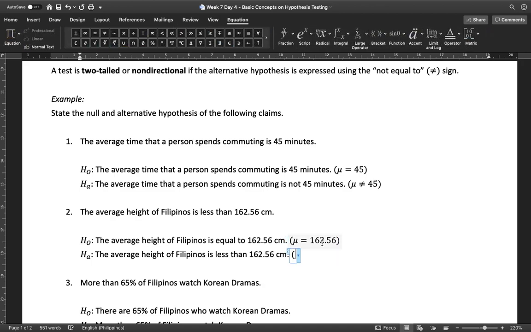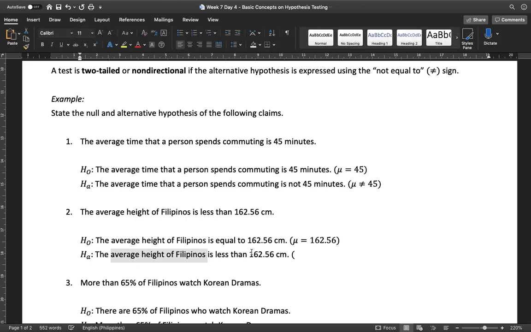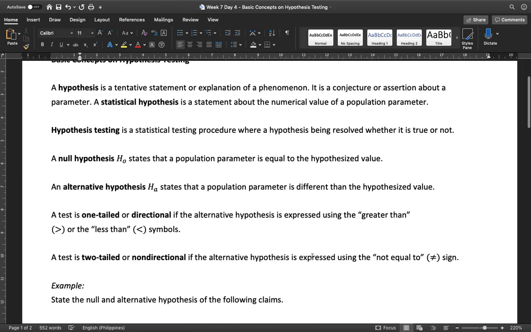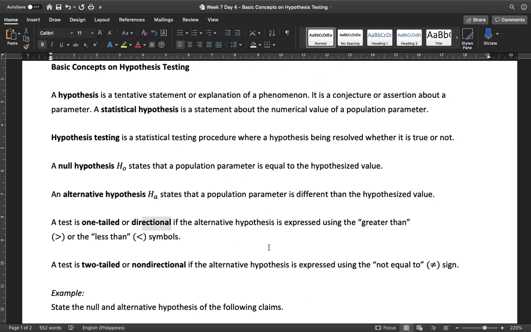And yung alternative hypothesis natin, yung parameter natin, hindi siya equal kay 162.56 but rather it is less than. Naging mas specific siya. So in this case, we are going to use a one-tailed test, kasi sa isang direction lang naman siya eh. Kaya nga siya tinawag na directional.